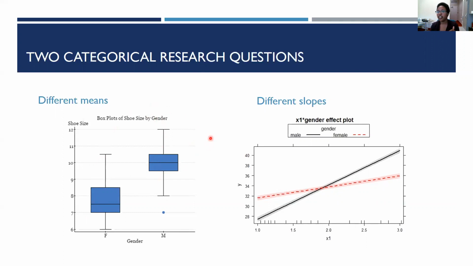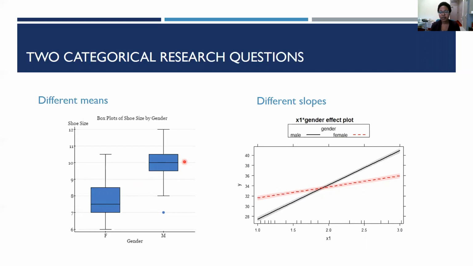So if we were looking at a regression with this, we would see maybe 7.3 for the intercept on shoe size, and then the slope for men would be like 2.7 or something like that, to be the difference between the genders.